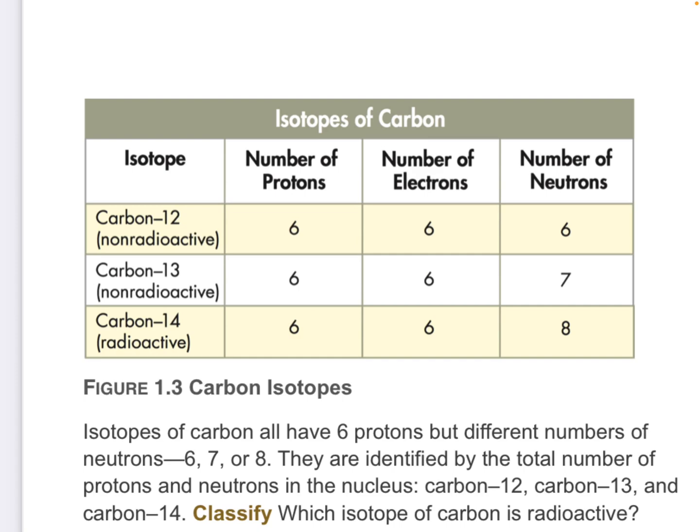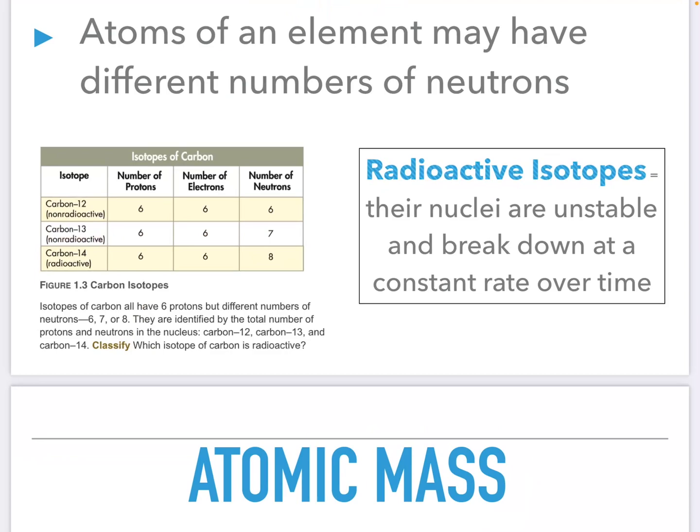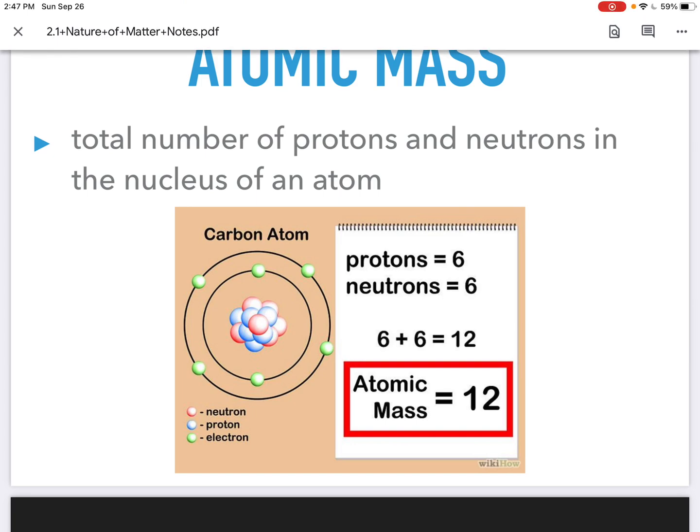They all have 6 protons, but different numbers of neutrons. In this case, carbon-12 and carbon-13 are non-radioactive, but carbon-14 is what we call a radioactive element, meaning that its nuclei are unstable and are constantly breaking down and turning into something else, which is a pretty cool study, actually.